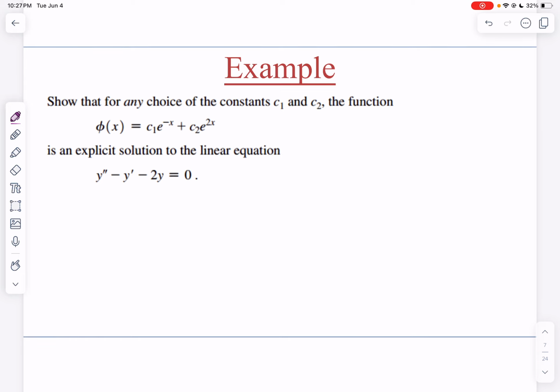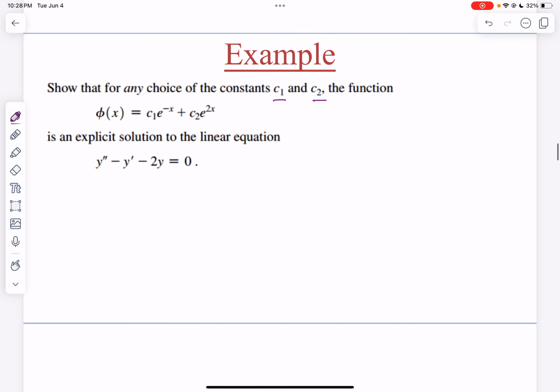Show that for any choice of the constants C1 and C2, phi of x, shown there, is an explicit solution to this linear equation. Again, we have a linear equation here. And we want to go ahead and find our derivatives of that function. So let's go ahead and do that over here.